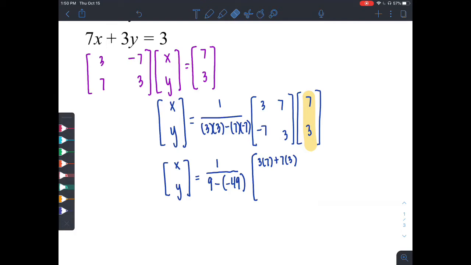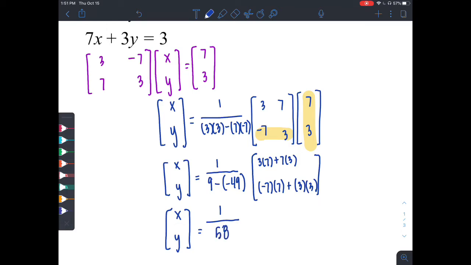Oh, shoot. So then I have negative 7 times 7 plus 3 times 3. So then this is equal to 1 over 58. And that is 21 plus 21 is 42. And then negative 49 plus 9 is negative 40.